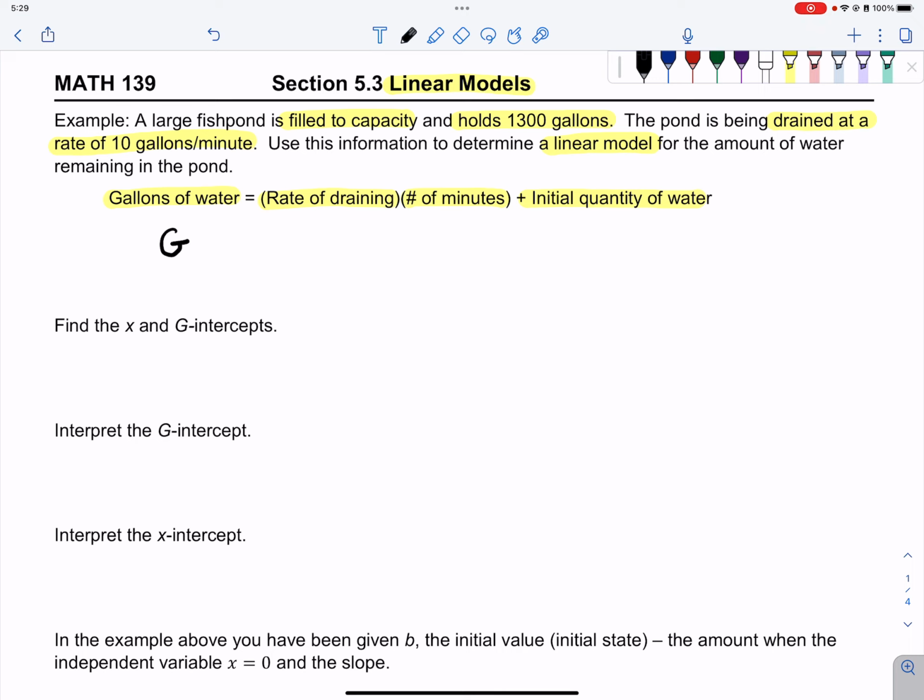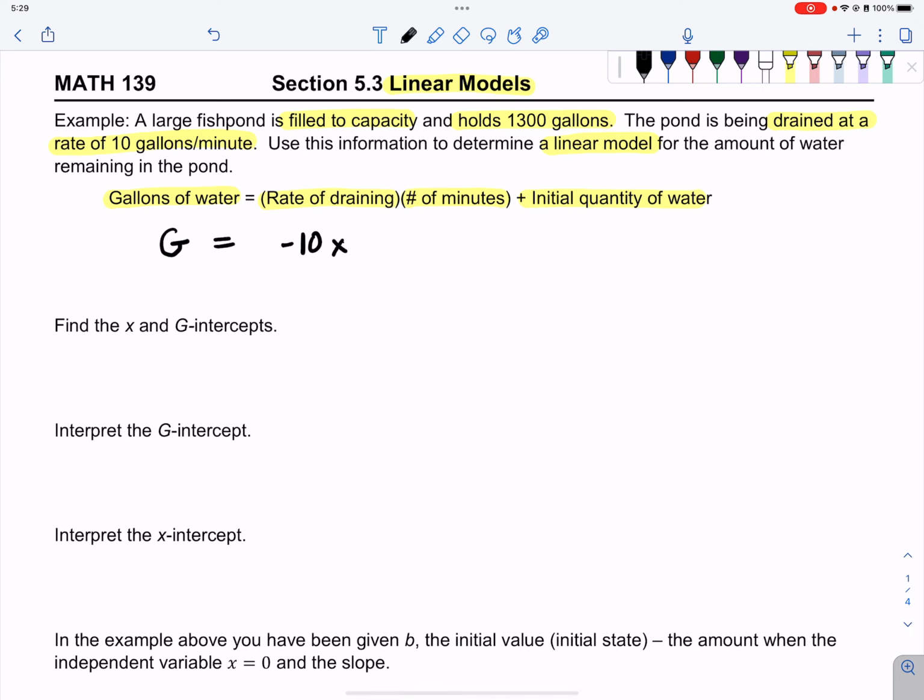So the number of gallons of water that are in the pond is going to be equal to our rate of draining. It's being drained at 10 gallons, but I don't want a positive 10. I want a negative 10 because we're taking away 10 gallons every minute that goes by. Then I need to multiply this by our number of minutes.